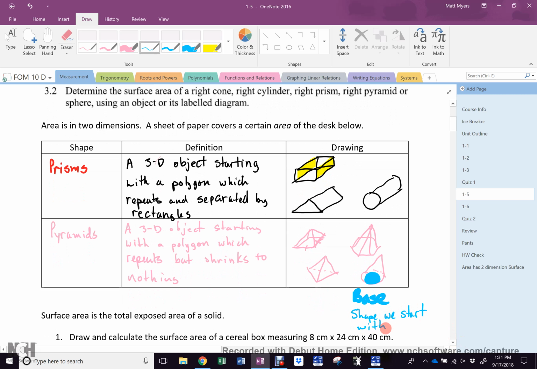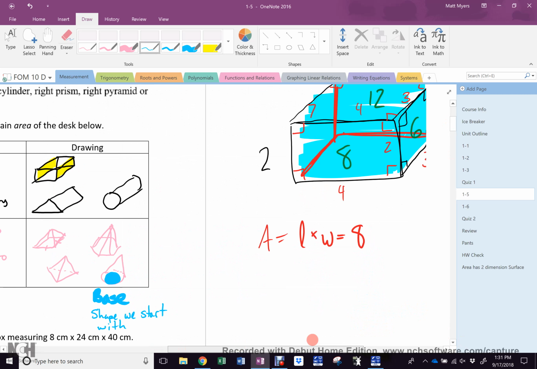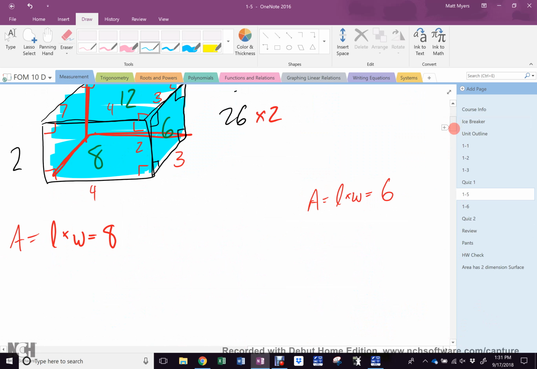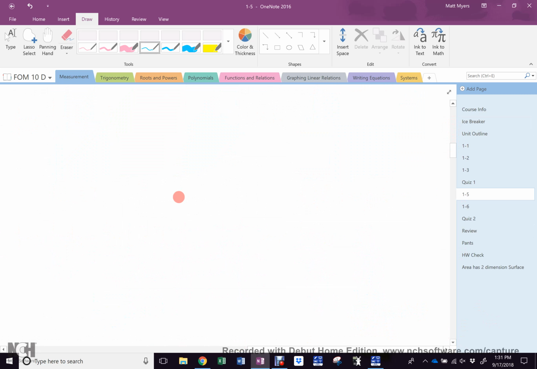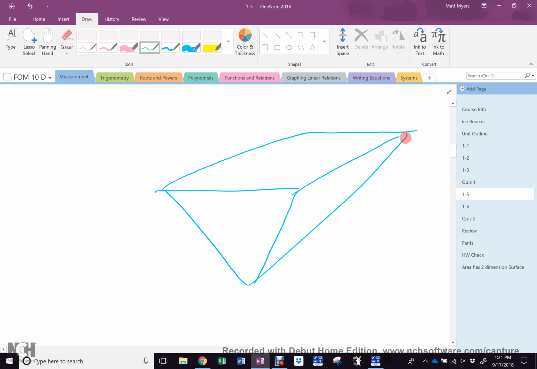Everybody understand? The reason I'm doing that is because of this. If you say the base is the bottom, then this pyramid which exists at the museum in Paris, there is a giant glass pyramid.